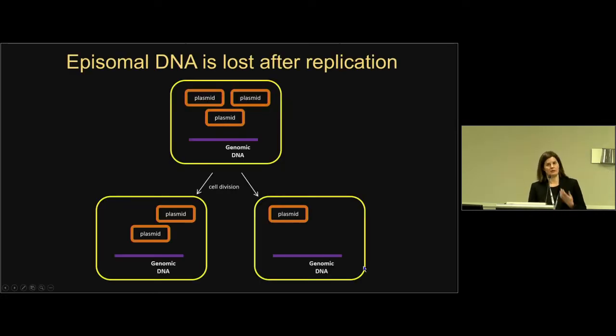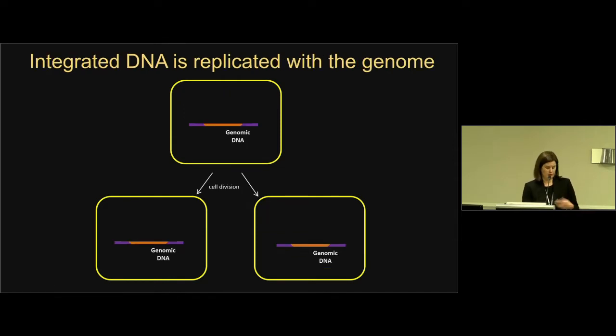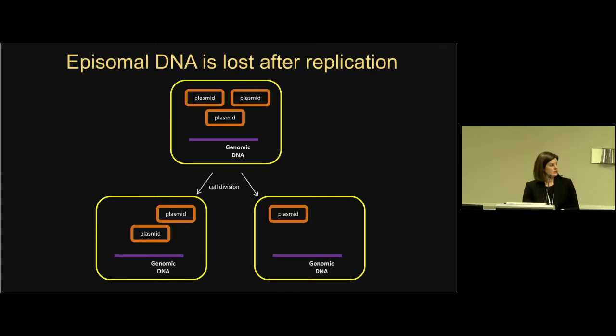But what's the problem with episomal plasmid DNA? After you transfect it, as the cells divide, it's lost. In this really simplified representation, if you have 3 plasmids per transfected cell, in your next generation you'll have either 2 or 1.